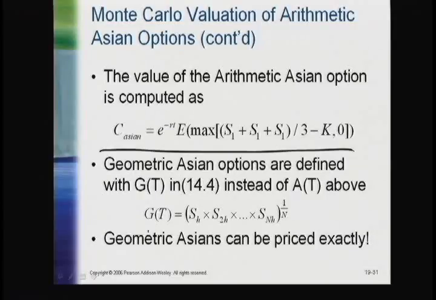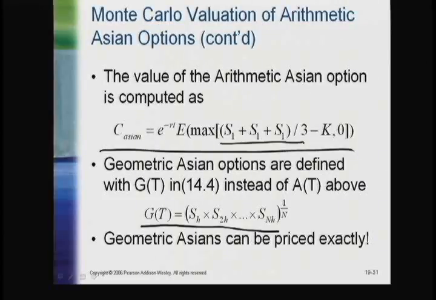The difference, of course, is that instead of the payoff function being an average, it's a geometric average. It's not arithmetic, it's geometric. The interesting thing is, even though a geometric option is a somewhat more complicated calculation than a simple average, it turns out that the form of this works very well with the lognormal distribution, and there are exact formulas like the Black-Scholes formula for evaluating geometric Asians.